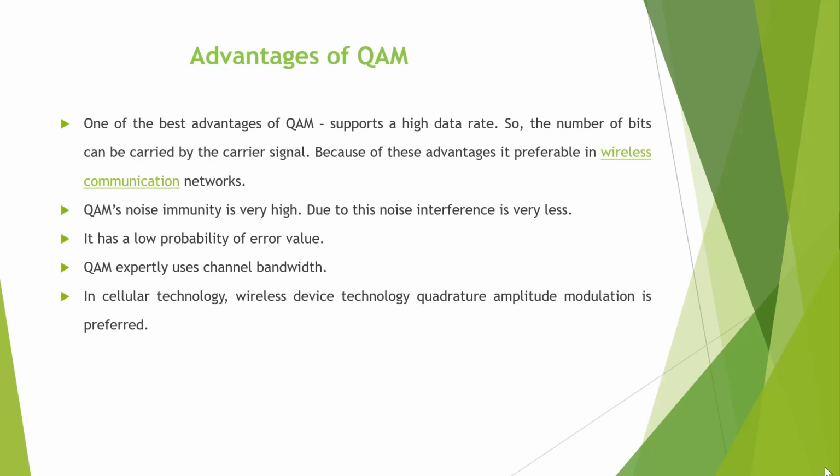The types of QAM are: 4 QAM, which has 2 bits per symbol and 4 symbols; 8 QAM, which uses 3 bits per symbol and has 8 symbols; 16 QAM, which has 16 symbols; and 32 QAM, which has 32 symbols, as 5 bits per symbol are used. In 8QAM, you can find 2 amplitude levels and 4 phase shifts, whereas in 4QAM it is very easy: 1 amplitude but 4 phase shifts.